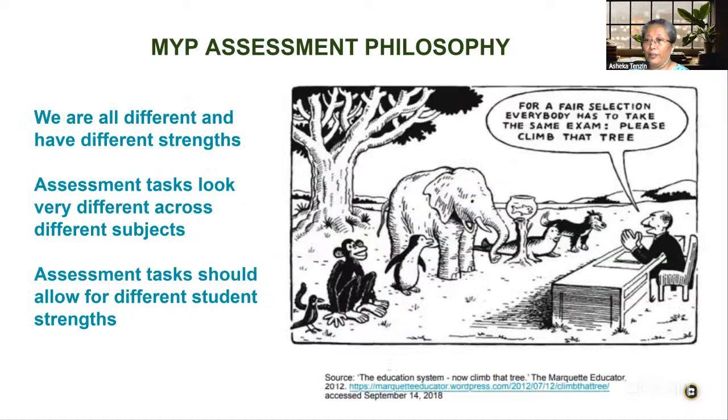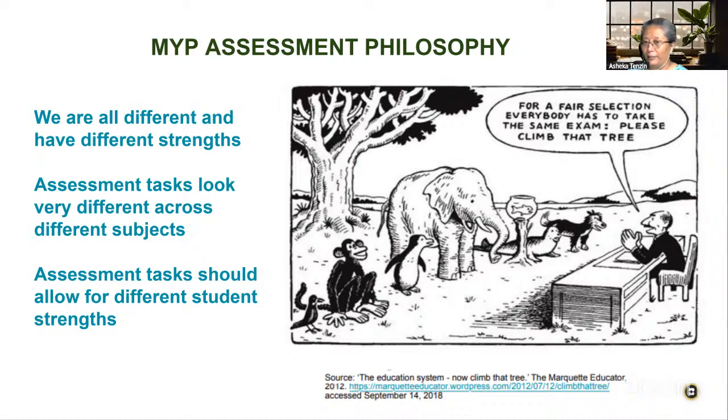Now, the philosophy of MYP assessment is explained very nicely through this cartoon strip. Here it says that for a fair selection, everybody has to take the same exam. Please climb that tree. So everybody has to climb the tree. Now you can see that different animals have different abilities.